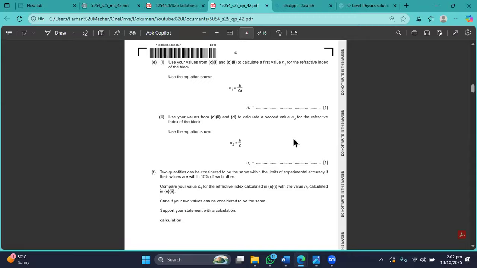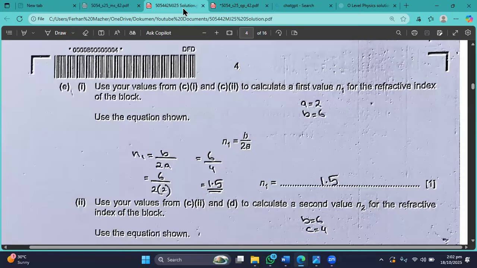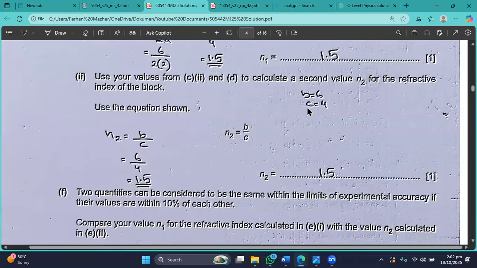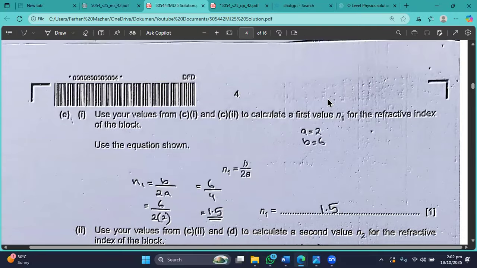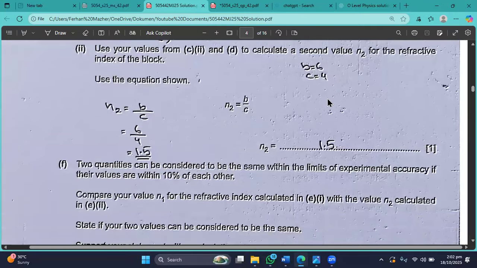This time the equation given is N2 equals B by C. The value of B is 6 and the value of C is 4. When I calculated that, 6 by 4 is 1.5. So N1 is 1.5 and N2 is also 1.5.